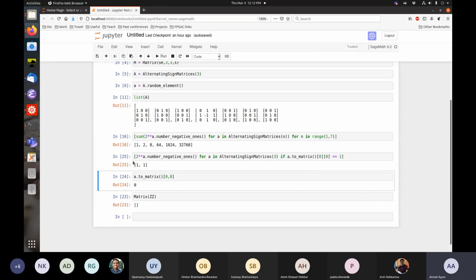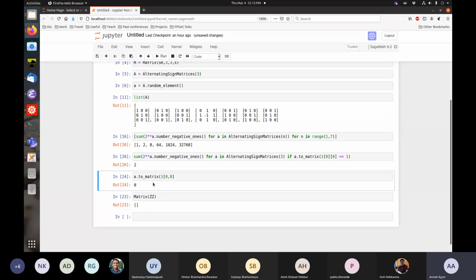Yeah. So it gives me 1 1 for size 3. So I'm looking at this guy. There are two matrices with a 1 in the top left entry. These are these two, and both have 0 minus 1, so they contribute 2 to the 0, which is 1. So what I'm going to do is sum up.